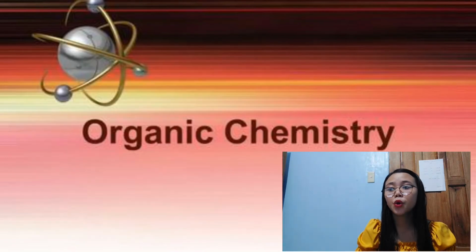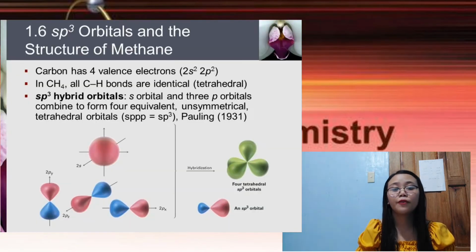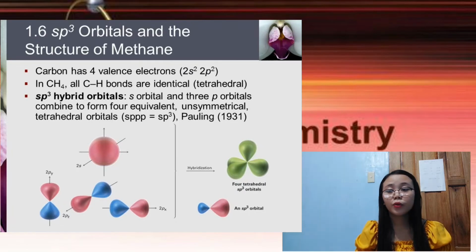Let's proceed to orbitals and the structure of methane. Carbon has 4 valence electrons, 2s2 2p2. In CH4, all C-H bonds are identical and tetrahedral. These are sp3 hybrid orbitals: an s orbital and 3 p orbitals combine to form 4 equivalent unsymmetrical tetrahedral orbitals.